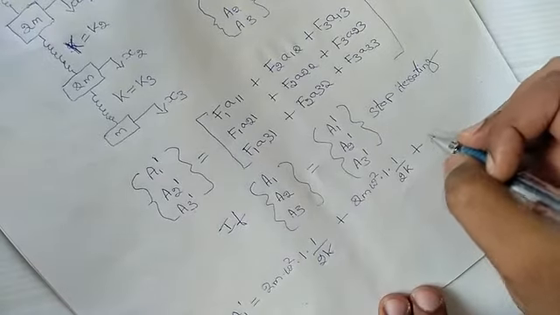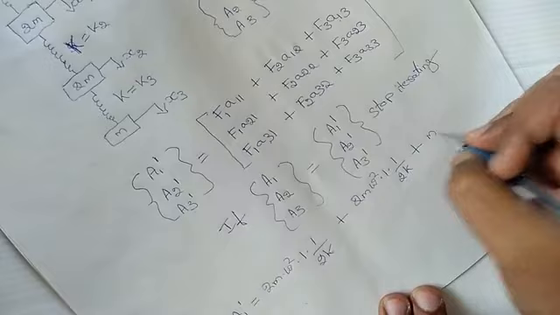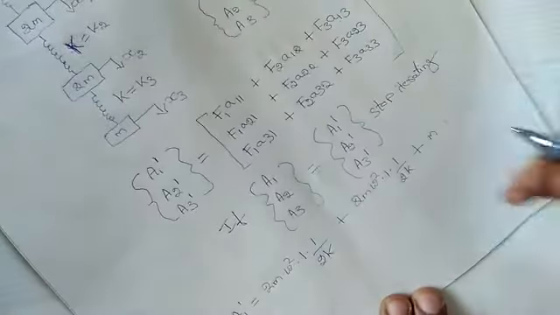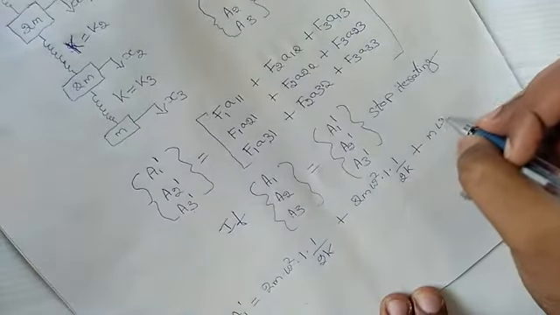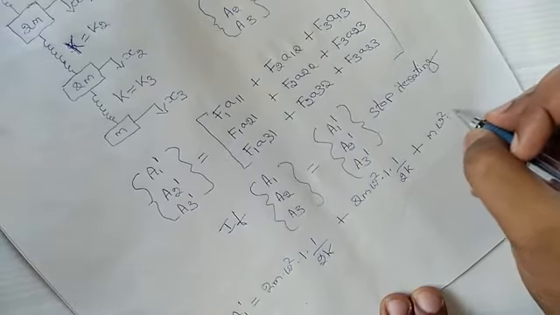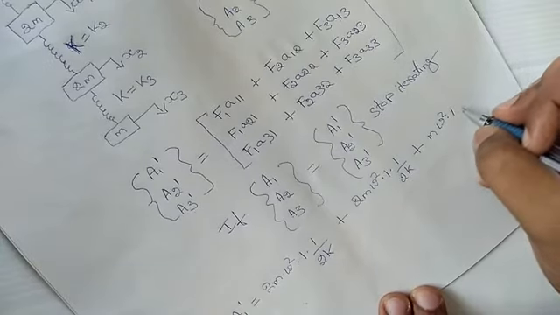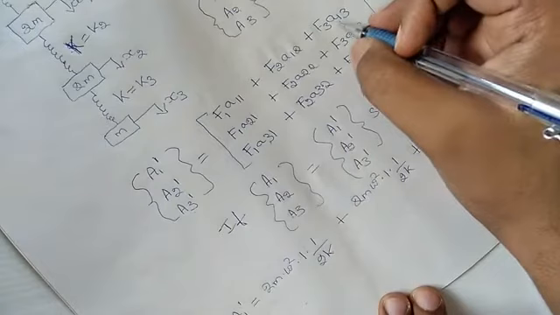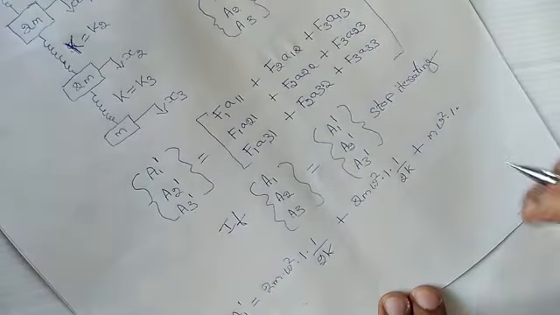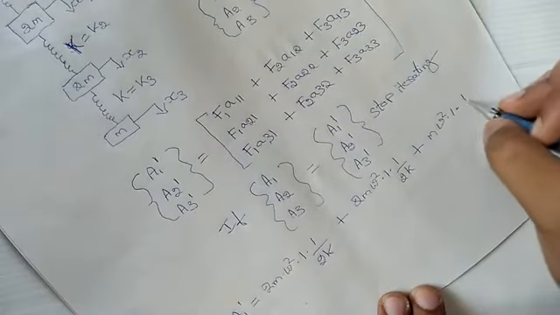F3 is m omega square into a3, which is 1, because the third mass is only m here. A13 is again 1 by 2k.